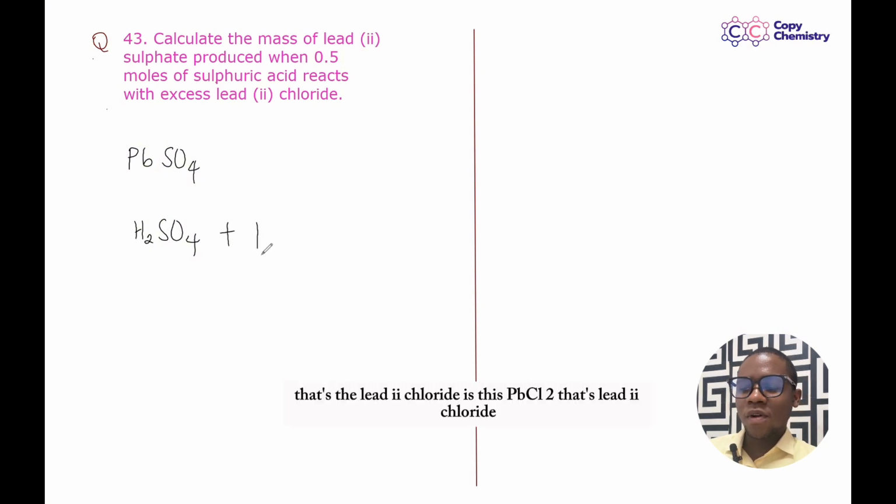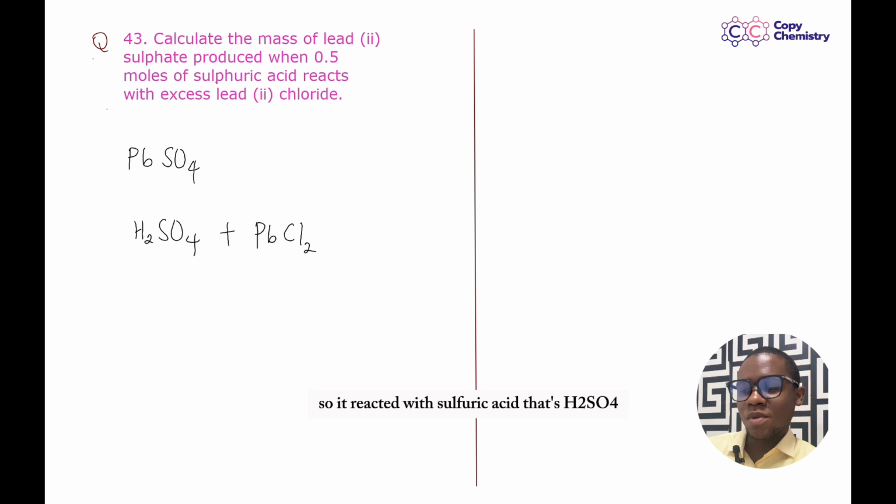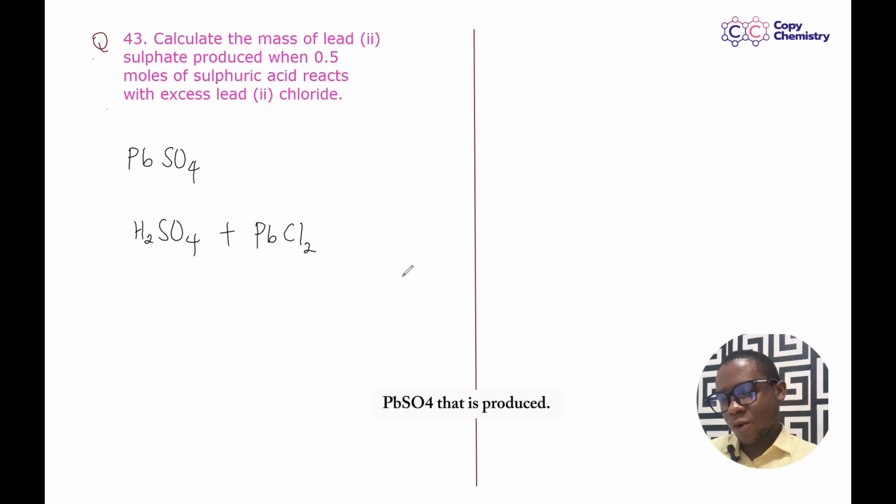The lead-2 chloride is this, PbCl2, that's lead-2 chloride. So it reacted with sulfuric acid, that's H2SO4, and you're asked to calculate the amount of PbSO4 that is produced.